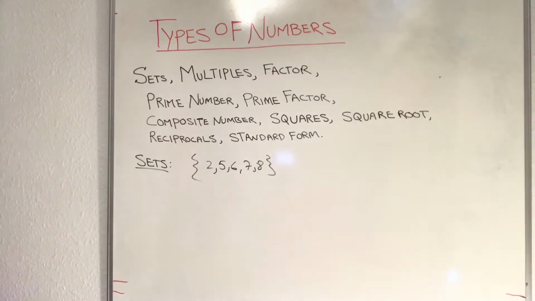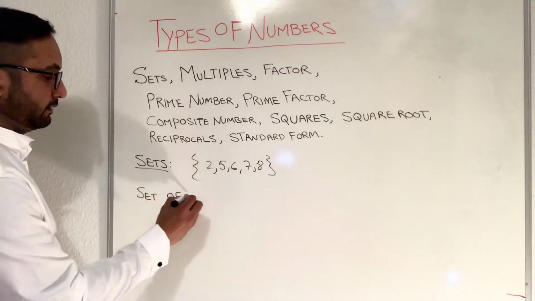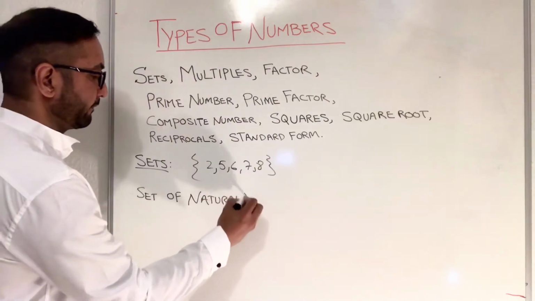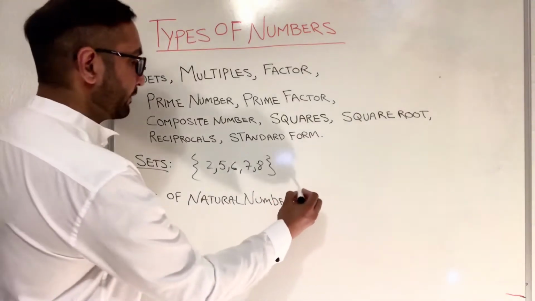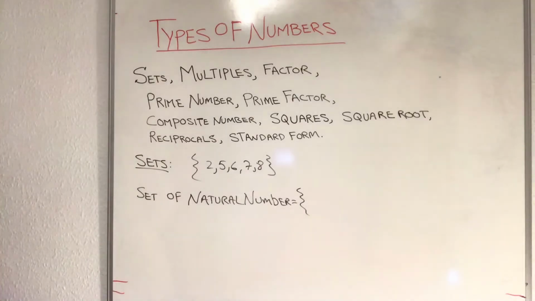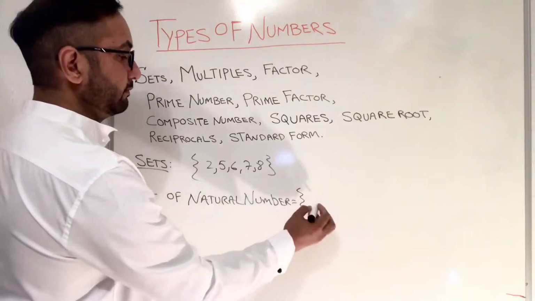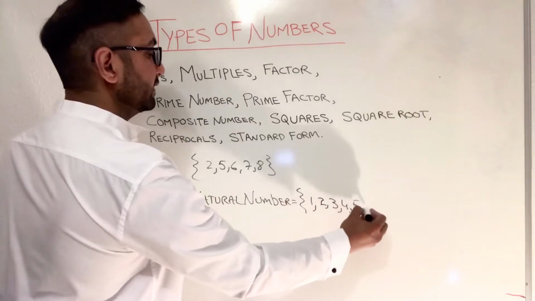In these sets we have different types of numbers. The set of natural numbers: we write down the natural numbers, which start from 1, 2, 3, 4, 5, 6.